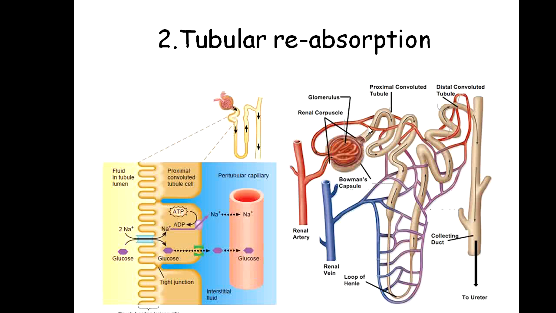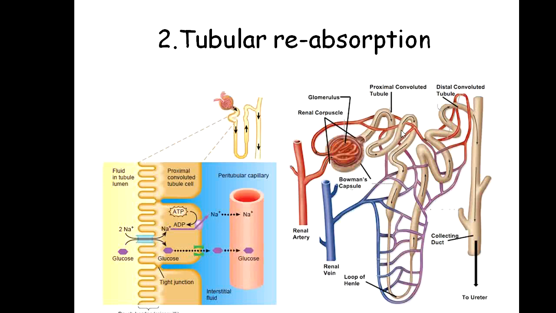Normally this area of the nephron is above this line, in the cortex of the kidney, while the area below this line is inside the medulla of the kidney. So what will happen?